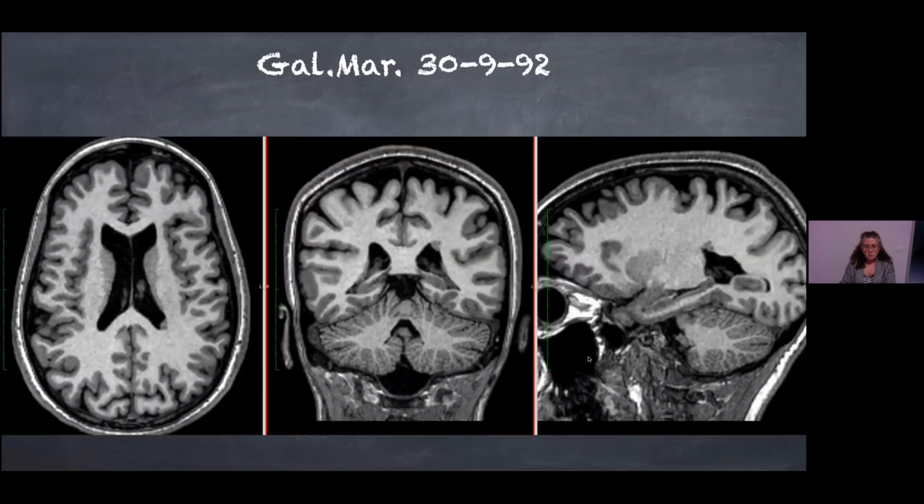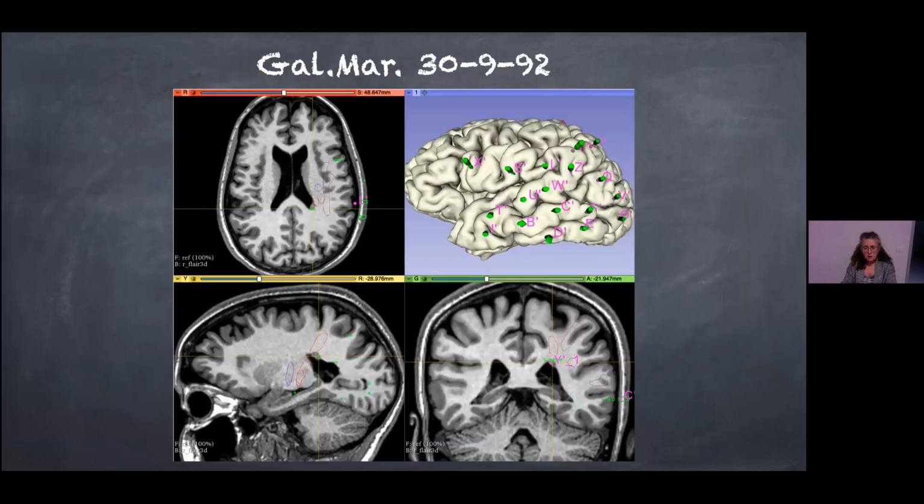This is another patient, Martina, with the same single nodule, but on the left side. This is the schema of the implantation, so at the same time, just to understand and to cover not only the nodule, but the entire network that sustains her epilepsy.